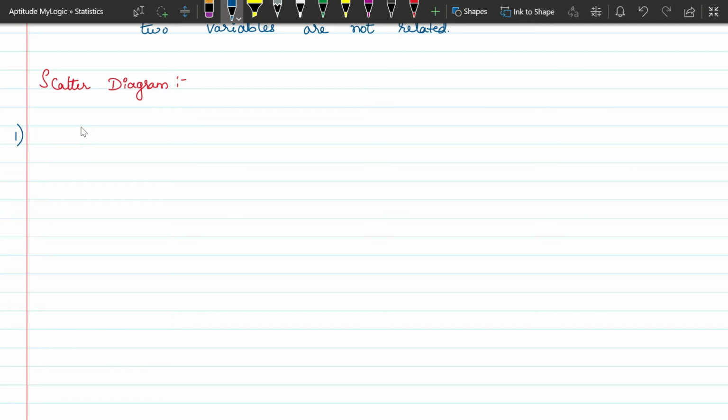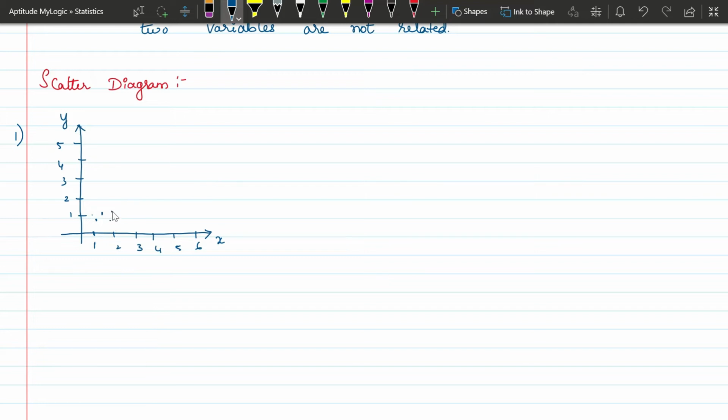Say for example, for positive correlation, if you have x and y axes, I'm just writing a random scale. Now when I plot the points, when x is 1, y is 1, when x is 1.5, y is 2.